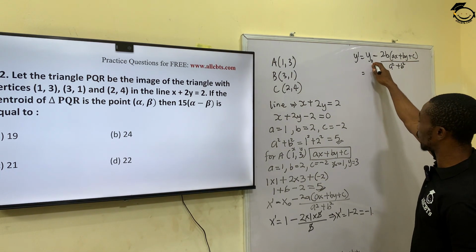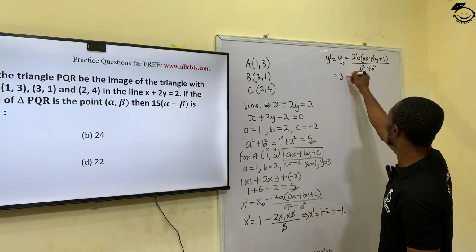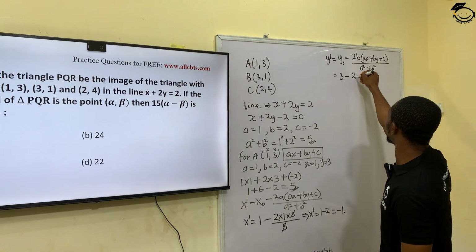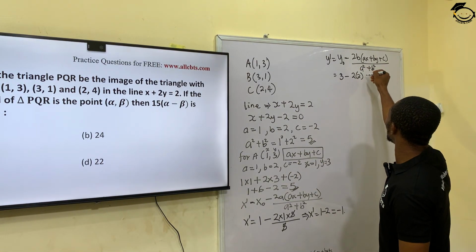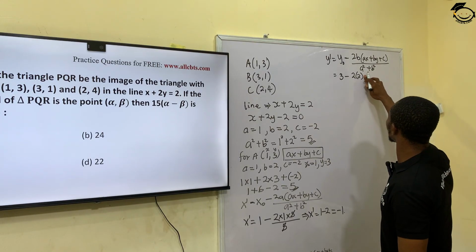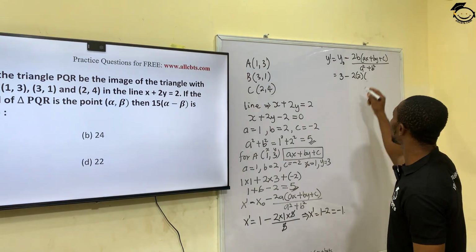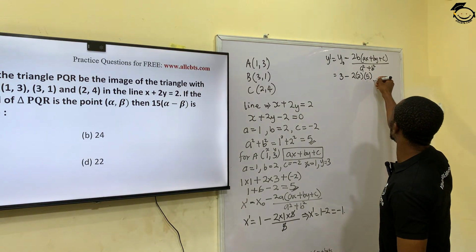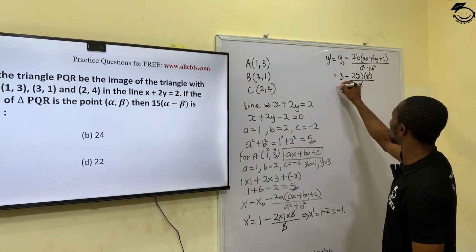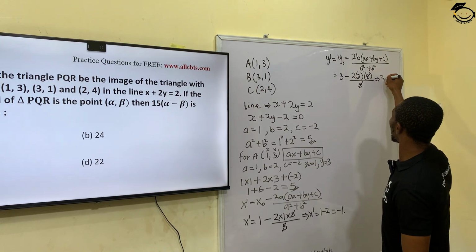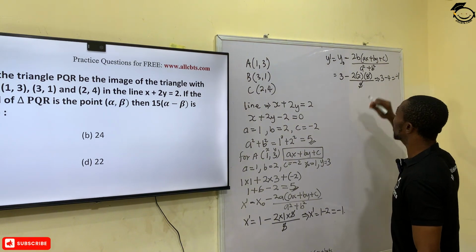Now our y0 will be 3 minus 2, b is 2, times, all this has been summed up to be 5, all over 5. So 5 cancel 5. This gives us 3 minus 4, which gives us minus 1.